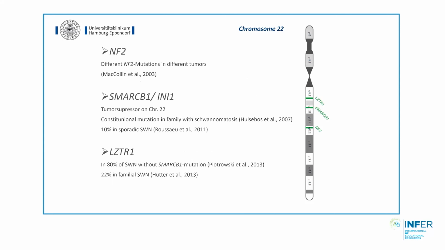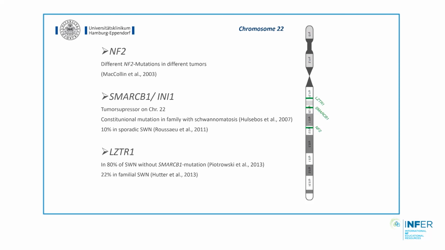First, SMARCB1 was described that can cause schwannomatosis, but also rhabdoid tumor predisposition syndrome. Recent studies indicate a genotype-phenotype correlation with non-truncating mutations causing more likely schwannomatosis. However, SMARCB1-related schwannomatosis seems to be associated with malignomas, something that is of high relevance in the individual risk stratification.